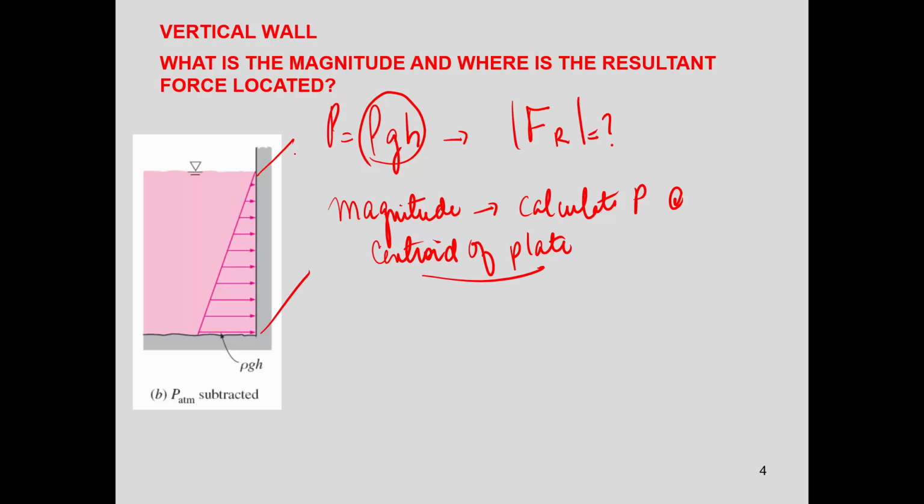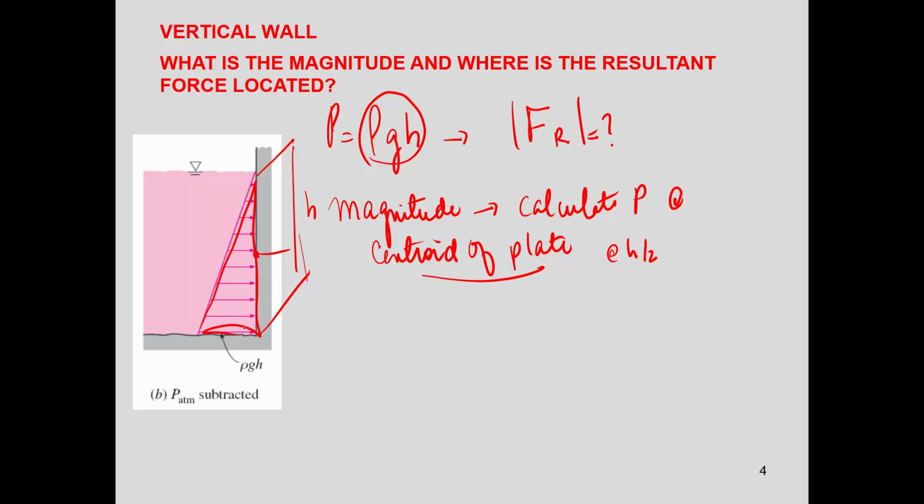So here I have my wall, and if I have this h distance, I will calculate the magnitude at h over 2. But the location of that resultant force is not there. For the location, you have to look at the centroid of the distributed load. That's where the resultant force is located.